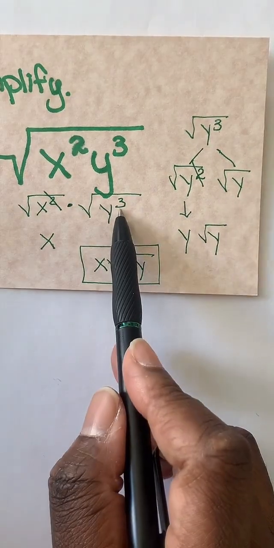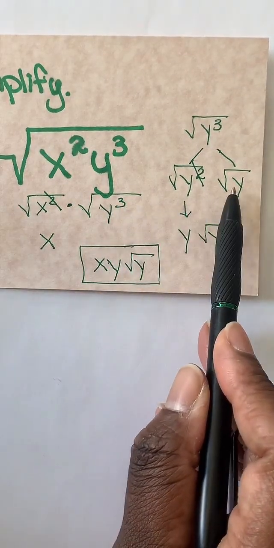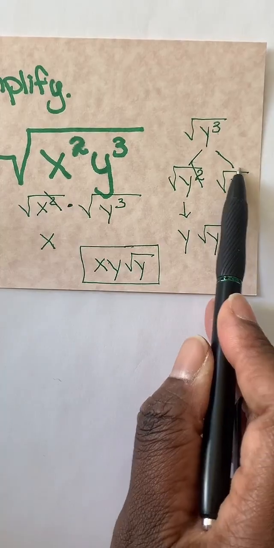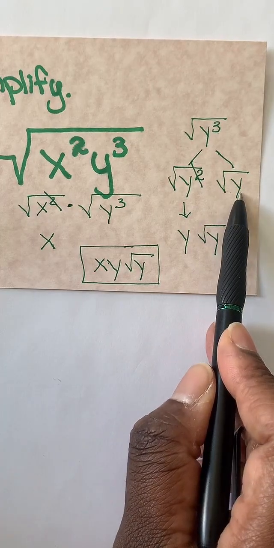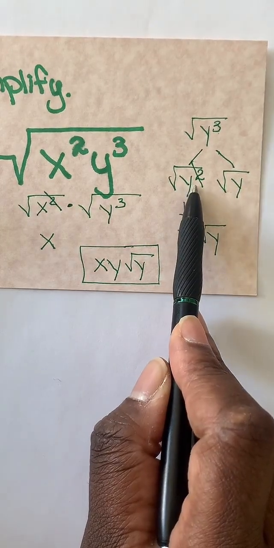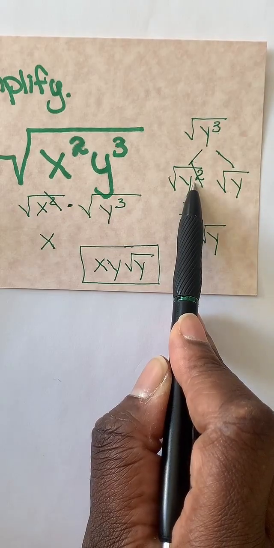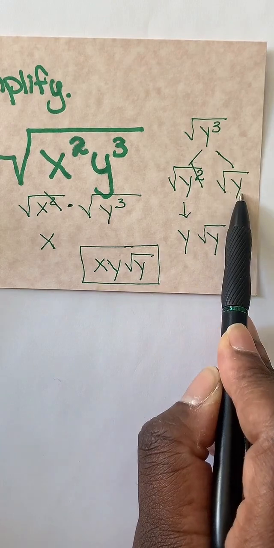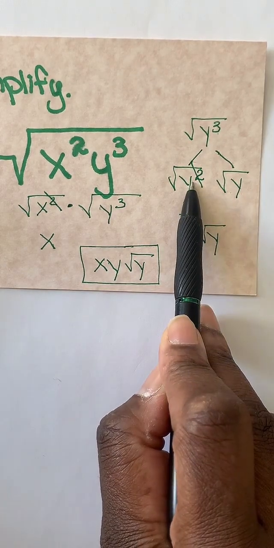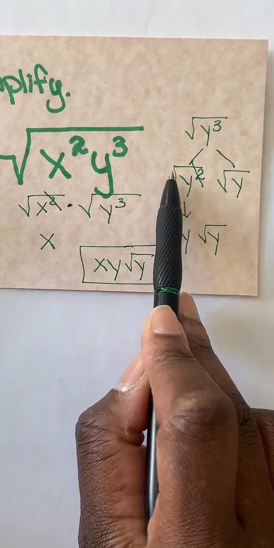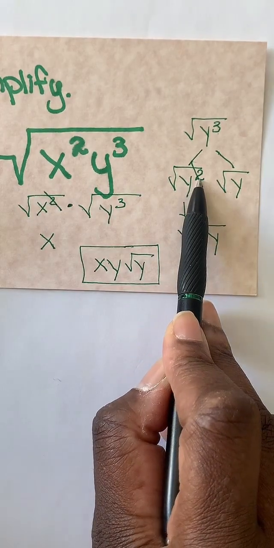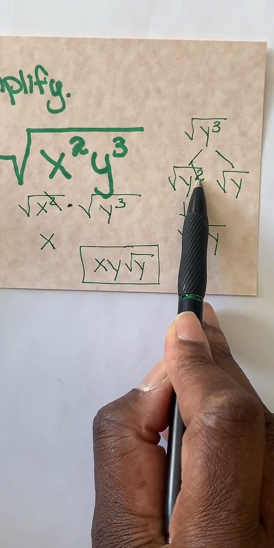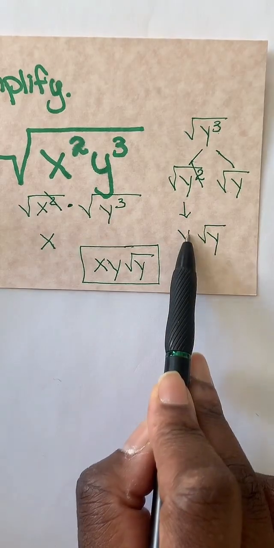No. So what we can do is pull out, just like how we did here, one of your y's so you can create an even exponent over here. So if I have 3, I pull 1 out, that means there are 2 y's left. So a square root with an exponent of 2, 2 divided by 2 will give me 1.